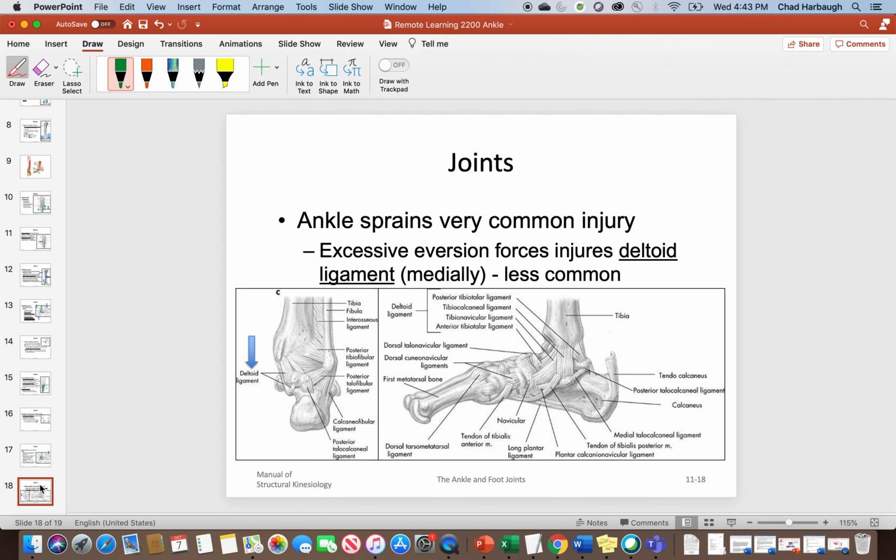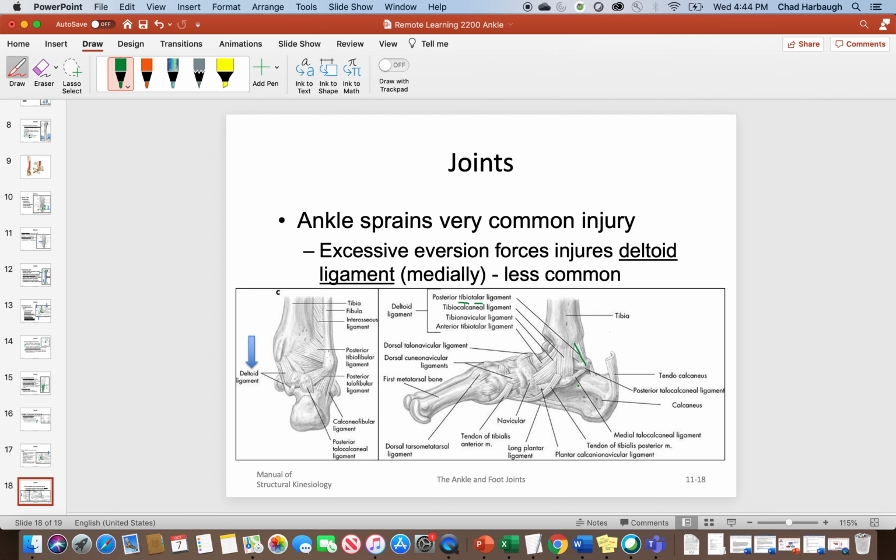So the deltoid ligament is only going to be affected if you put excessive force during an eversion movement. And when we see the deltoid ligament, we're going to have separate ligaments. You're going to have the posterior tibiotalar ligament, and again, when we're looking at ligaments, it's going to attach the tibia and the talus.